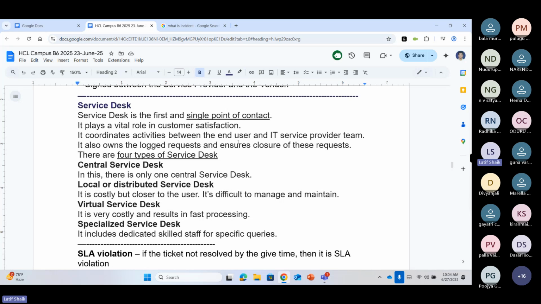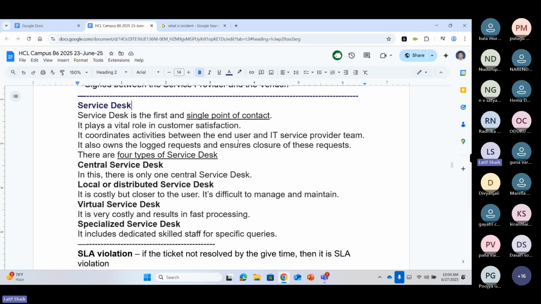It coordinates activities, makes them communicate, and shares information, to resolve an issue, or get information or an access permission. It also owns logged requests and ensures closure of these requests, meaning tickets.